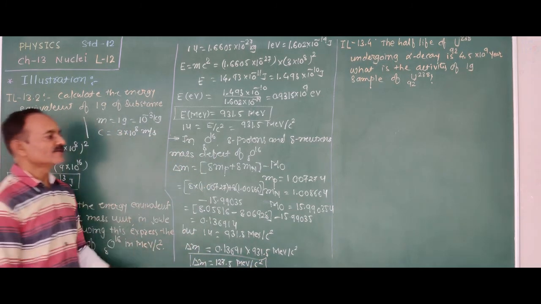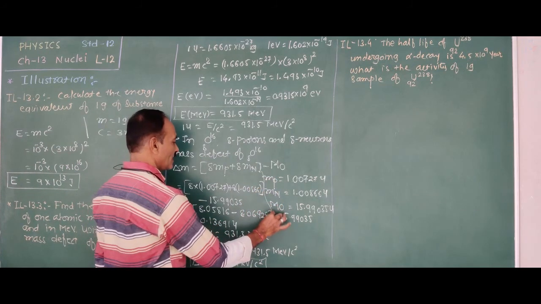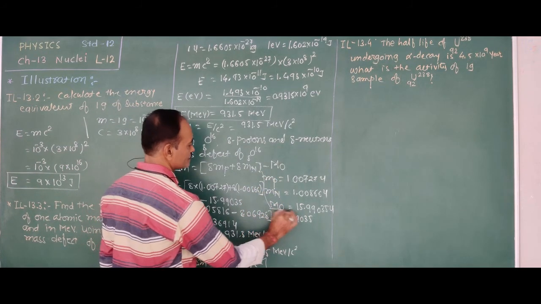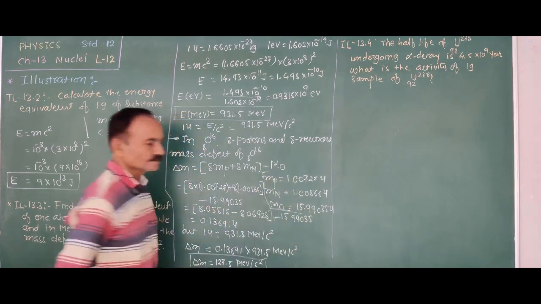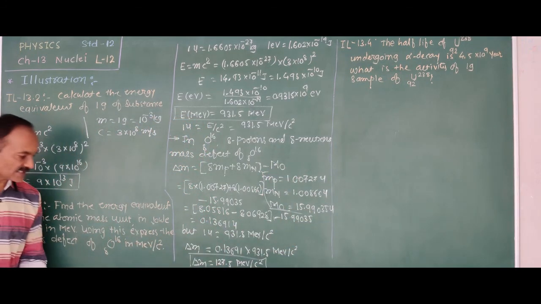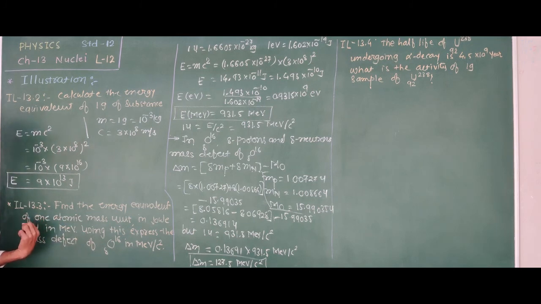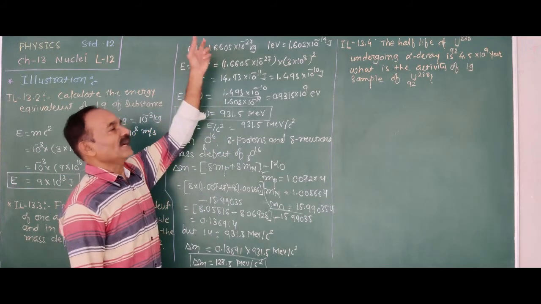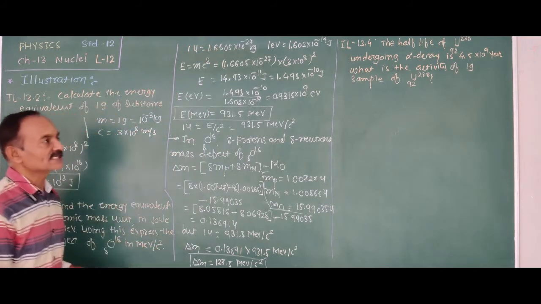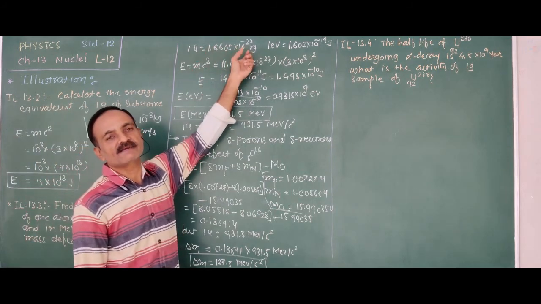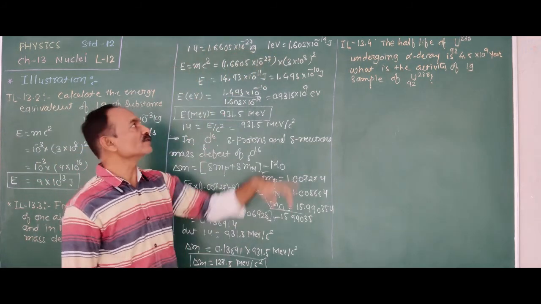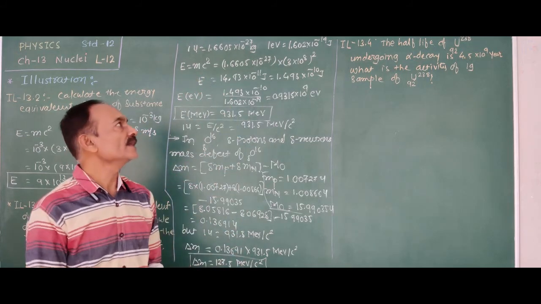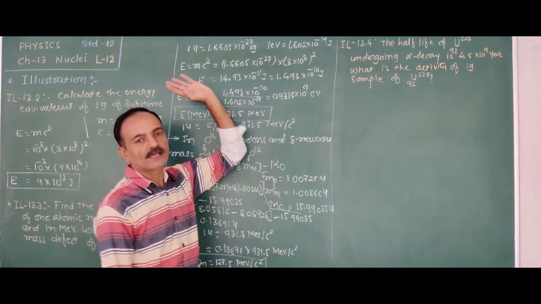So in this numerical, the numerical values are much larger. Again, first we have to find out the energy equivalent to 1 atomic mass unit in joule and also in mega electron volt. For that purpose, we have the equation E is equal to mc square. 1 atomic mass unit is equal to 1.6605 into 10 raised to minus 27 kg, and 1 electron volt is equal to 1.602 into 10 raised to minus 19 joule.